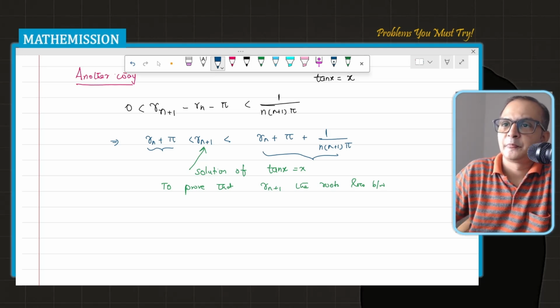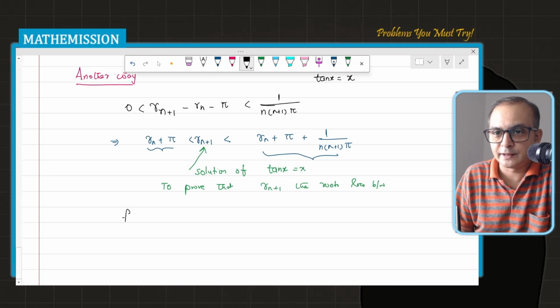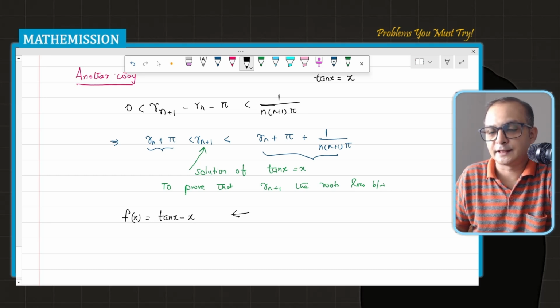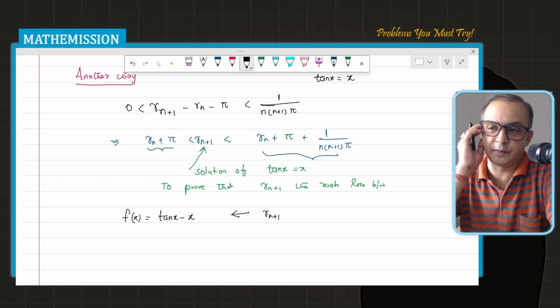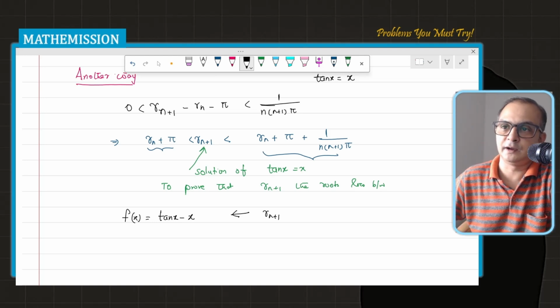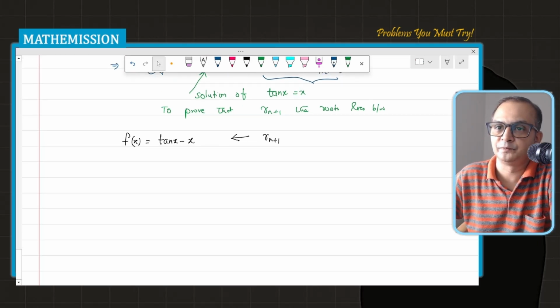It means that suppose I assume f of x as the function tan x minus x, and you are saying that it has a root Rn plus 1. It lies between Rn plus pi and Rn plus pi plus this quantity.